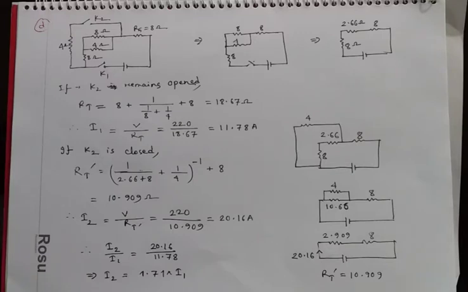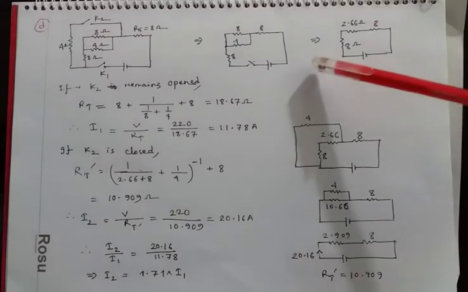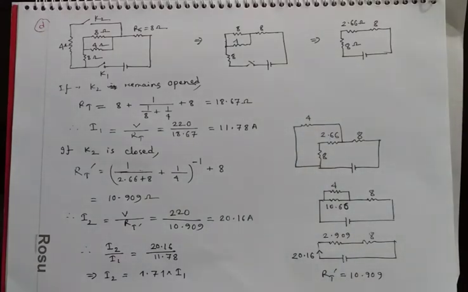In that case, if we see the circuit here, this path of 4 ohm will be inactive in the circuit as key 2 is open, so it will not act in the circuit. So the circuit will be in the form like this one, and from this we can calculate the combination of resistors here, and we can simplify the circuit in this form.